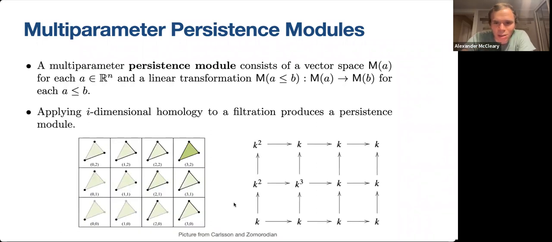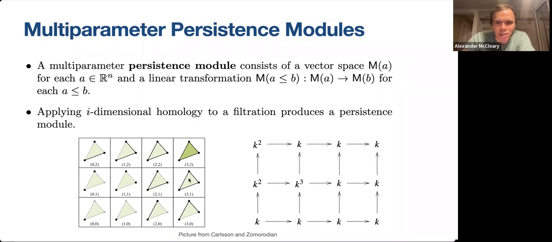So for example, let's look at this 2-parameter filtration on the left. This is a filtration of this triangle right here. Basically what we're going to do is apply 0-dimensional homology to this. So we're essentially just counting connected components here.